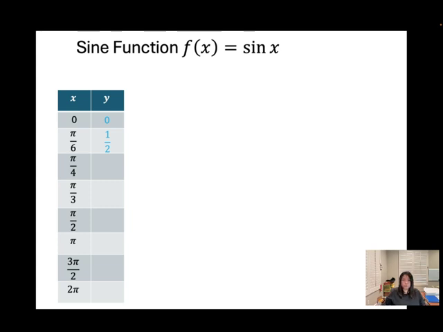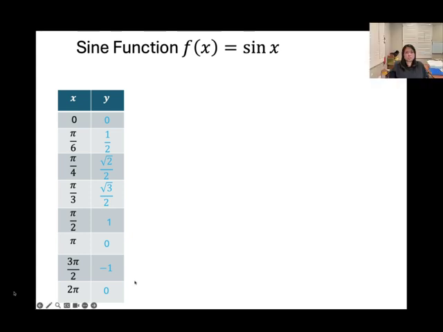Okay, check your work. You should have root 2 over 2, root 3 over 2, 1, 0, -1, and 0. Now, I want you to try to use these coordinates to graph sine x.